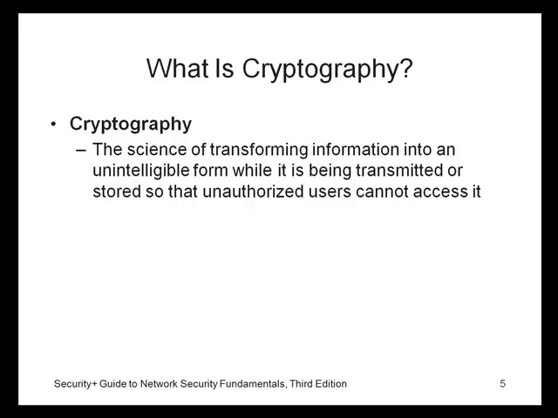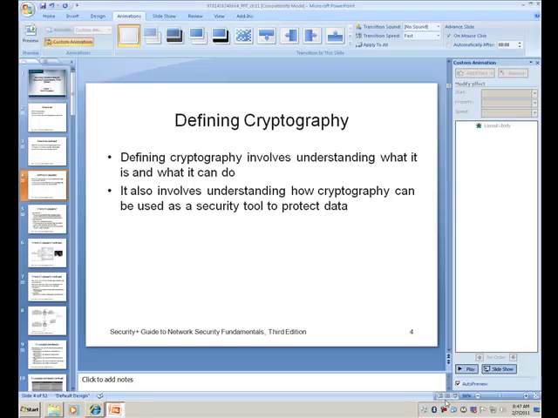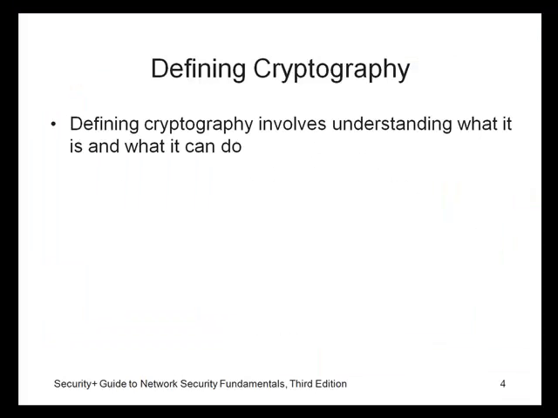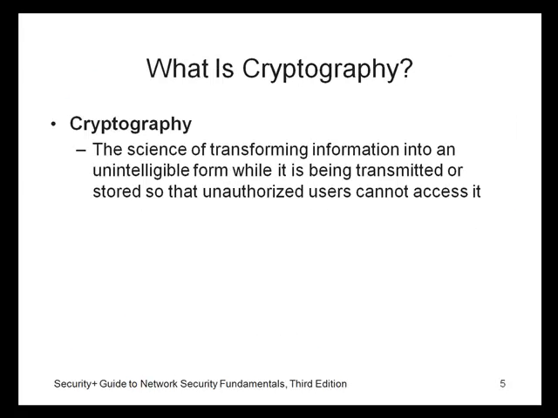Anybody ever actually seen what an encrypted piece of anything is? What does it really look like? Nothing. The science of transforming information into unintelligible form, and it really is gibberish.